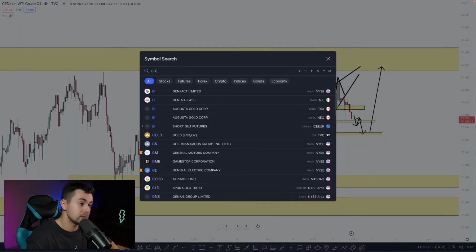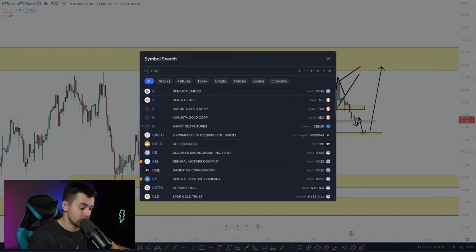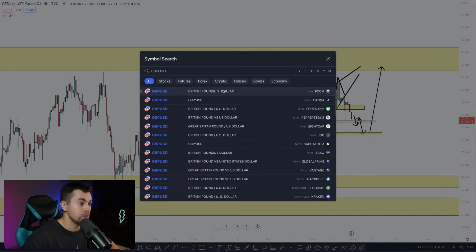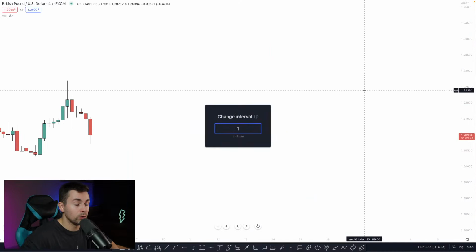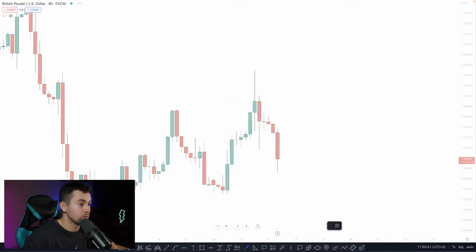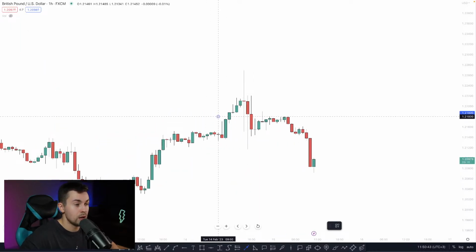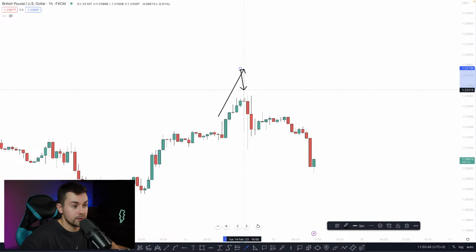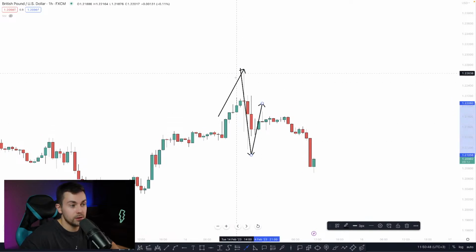I guess, traders, for example, let's open pound dollar. You saw what was happening yesterday after the fundamentals release. Here on the pound dollar, let's even open an hourly time frame. First we bounced like crazy, then we dropped like crazy. Here was the zigzag movement that we had.